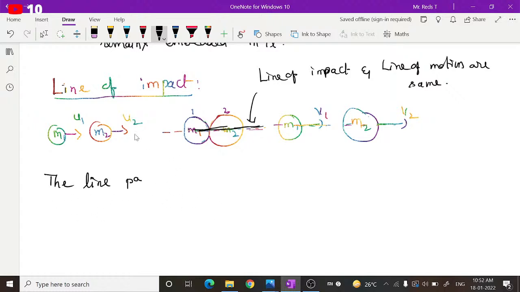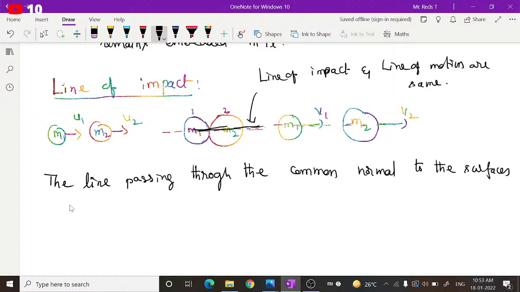Write down the meaning of line of impact: the line passing through the common normal to the surfaces in contact during the collision.